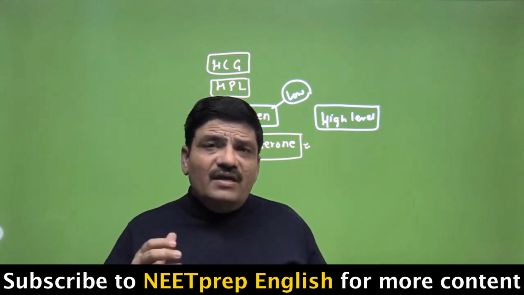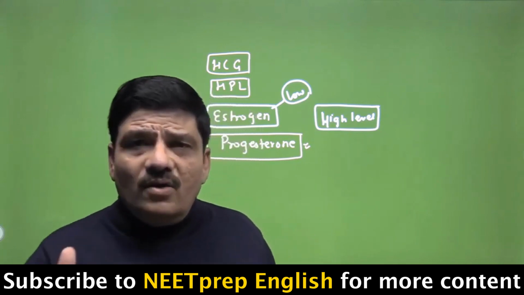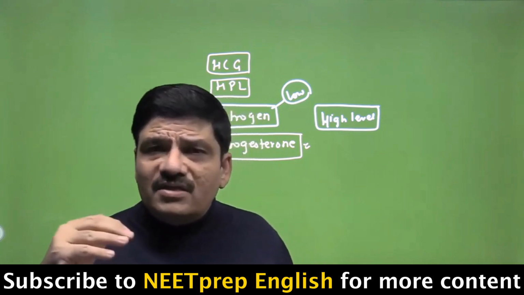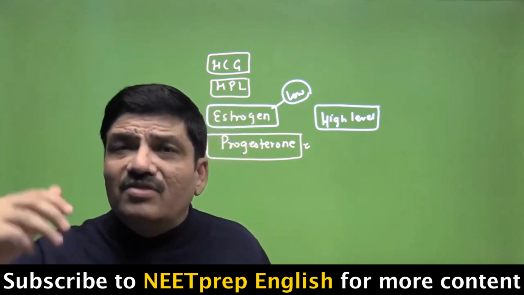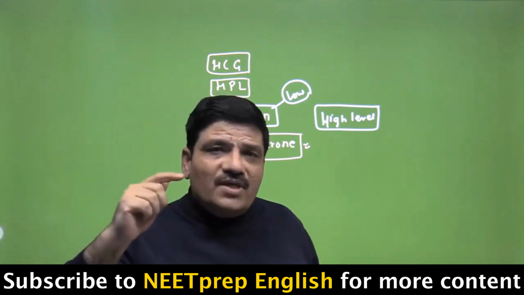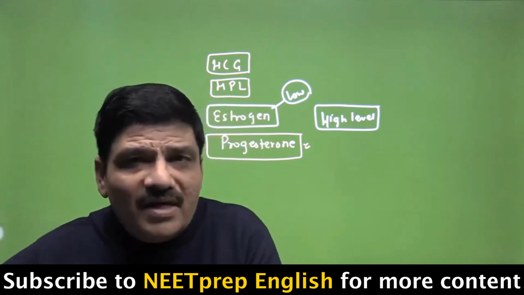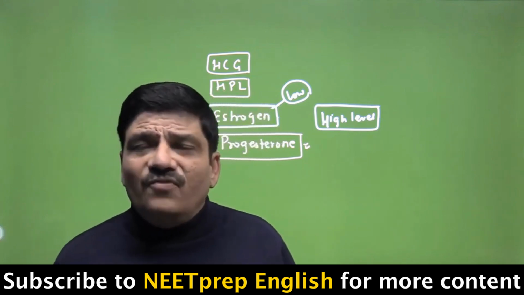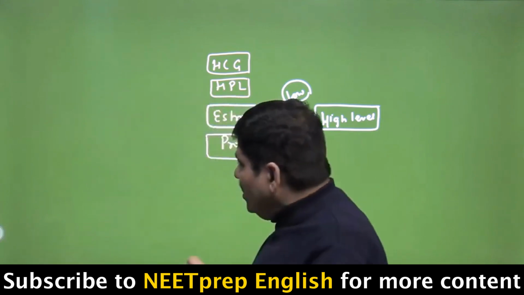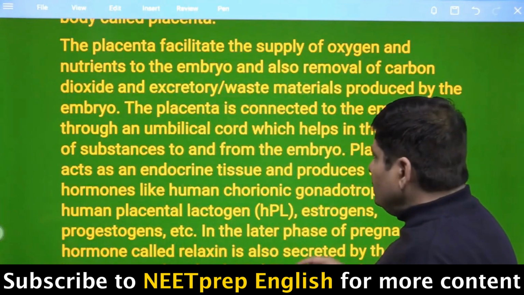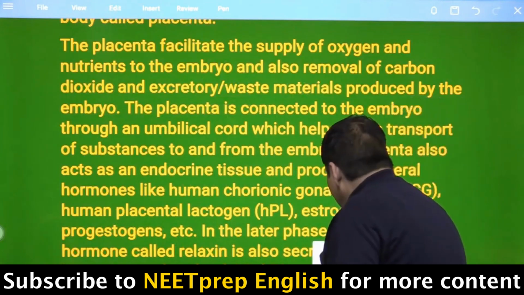So we anticipate that hormones like thyroxine, which have a metabolic role, will be increased in the maternal body during pregnancy. The secretion of these hormones may increase many folds, and they will be important in metabolism.